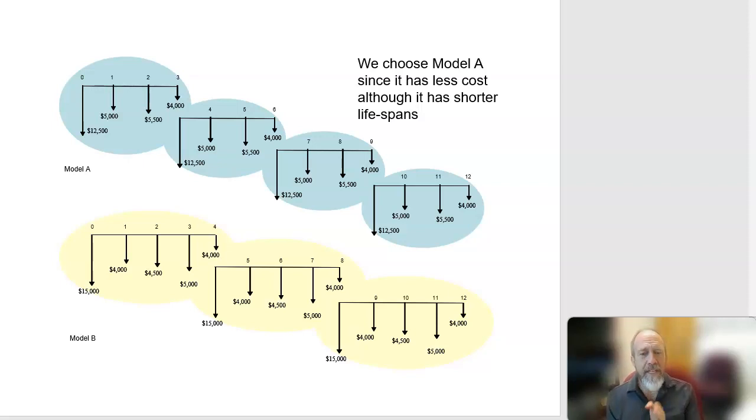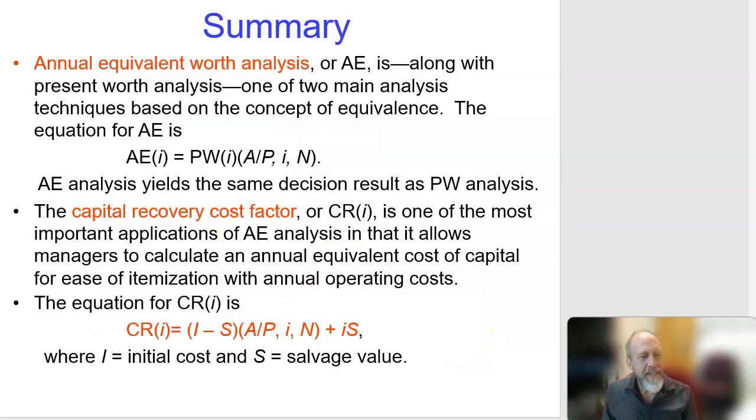Annualized equivalence is typically the way you're going to go. You have to know PW though. Why? Because you calculate the PW to get the annualized equivalent from it. Then you look at those annual operating costs and also annual revenues, and those can now be added directly in. That's the beauty of this.